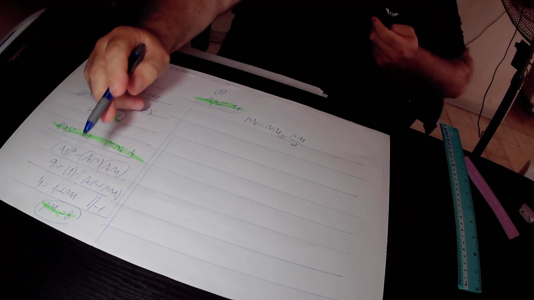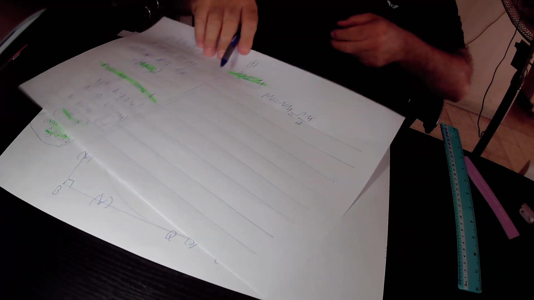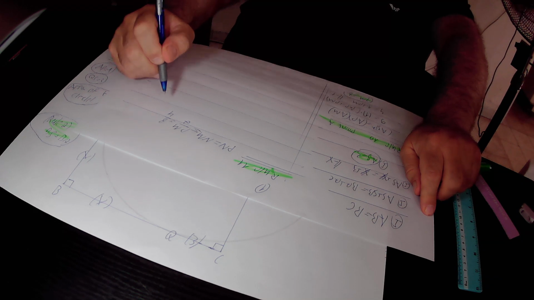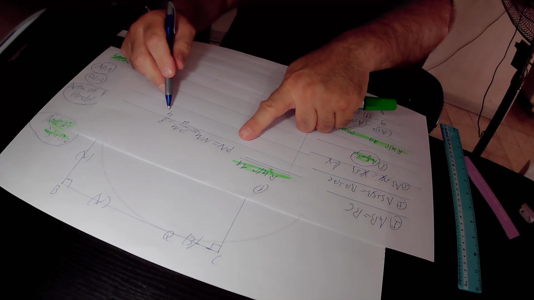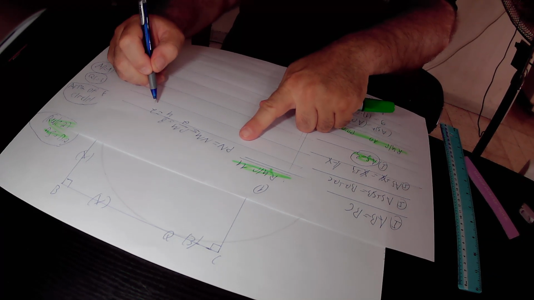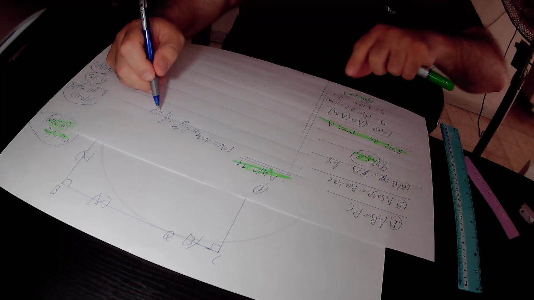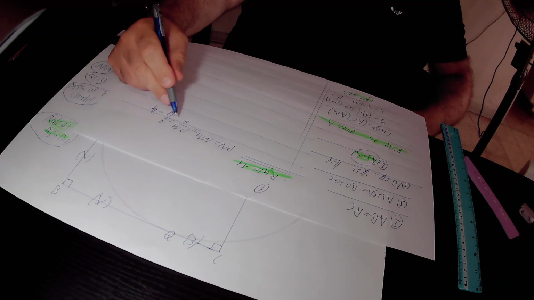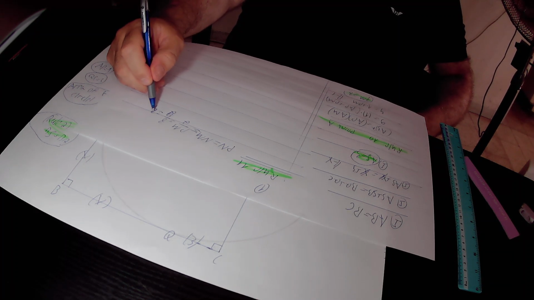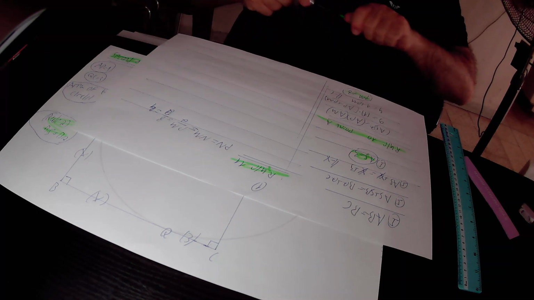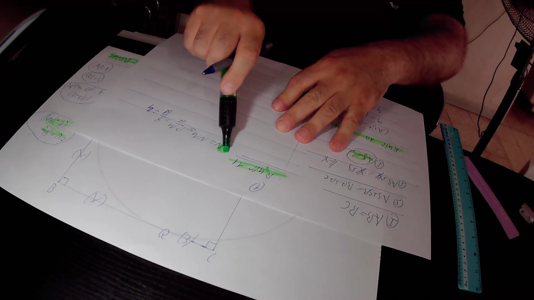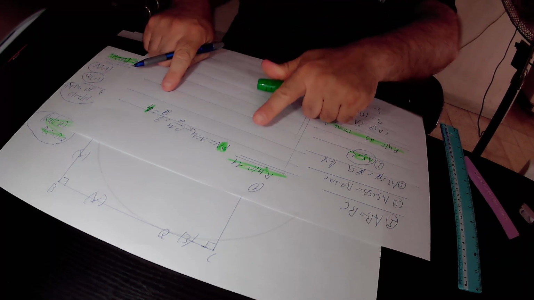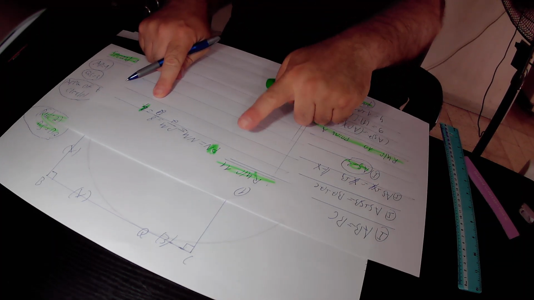PM is 8, therefore PM over 2 is 8 over 2, that is 4. So from this equation, we derive that PN equals 4 units in its length.